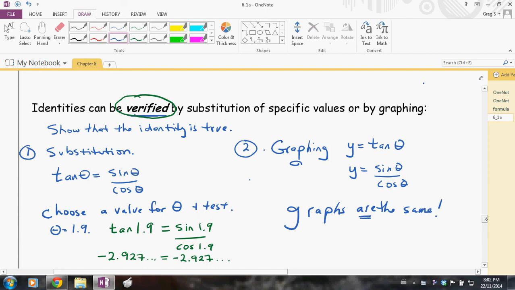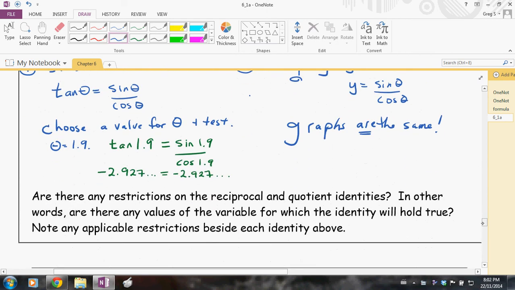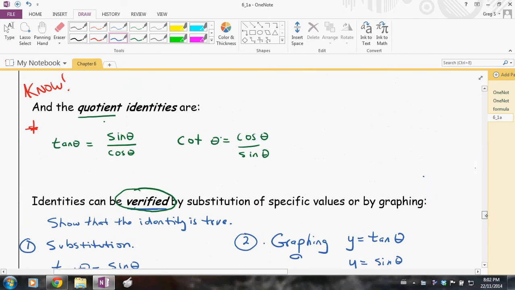Okay. Looking at the bottom of this page, are there any restrictions on the reciprocal or quotient identities? In other words, are there any values of the variable for which the identity will not hold true? So note any applicable restrictions beside each identity above. Well, same idea.